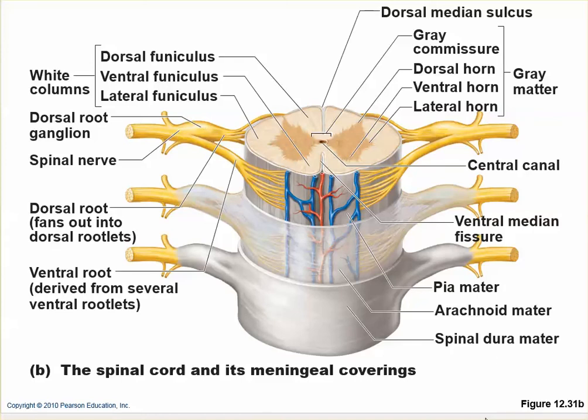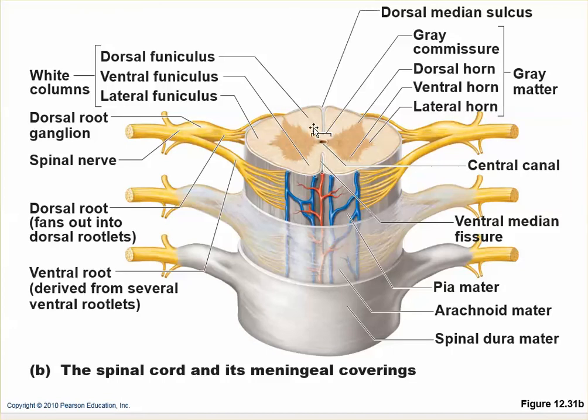Quite important, actually. The white matter surrounds the outside of the spinal cord. The gray matter is on the inside. You'll notice that the gray matter has got some points on it. This one that goes back is the dorsal horn. This one that goes forward is the ventral horn, and the one that goes sideways is the lateral horn.